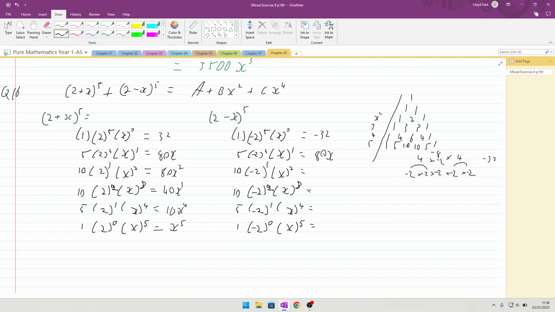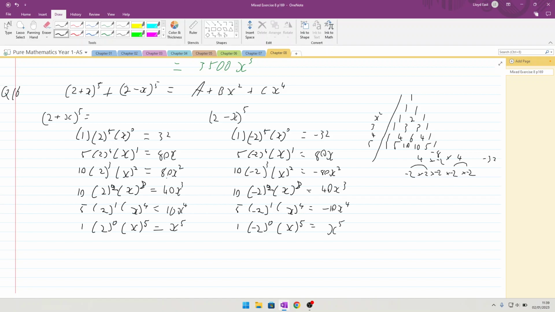This one gives me the minus 80x squared, this one gives me the 40x cubed, minus 10x to the 4 and x to the 5.